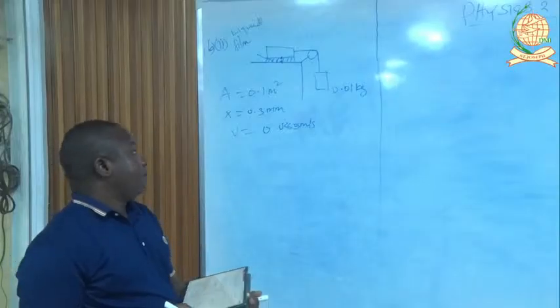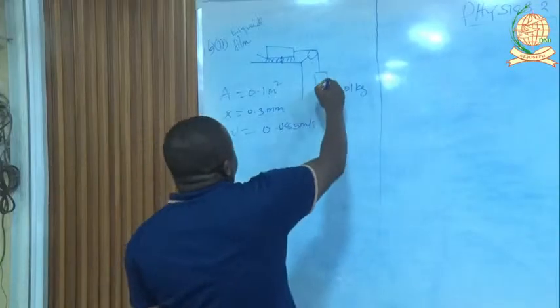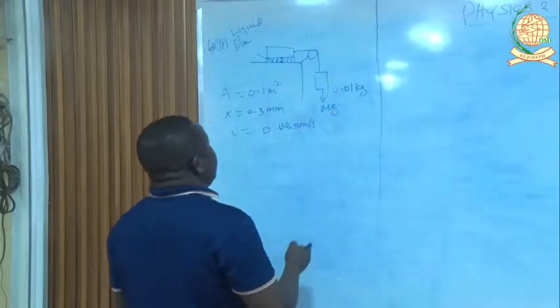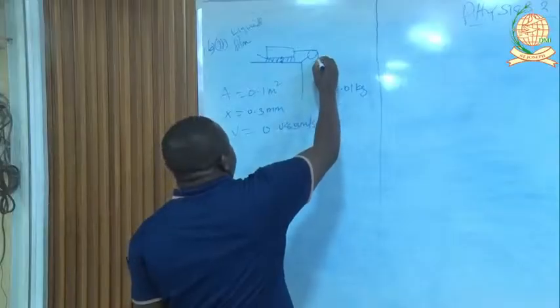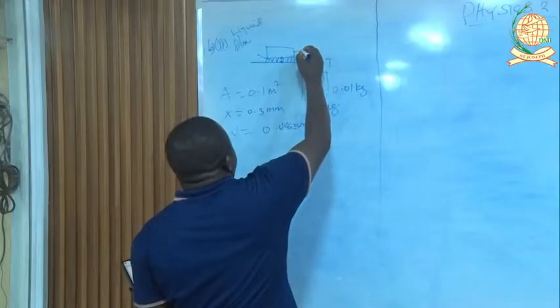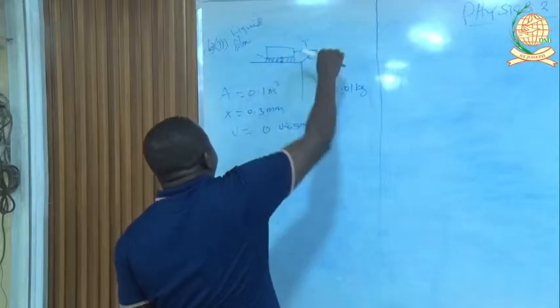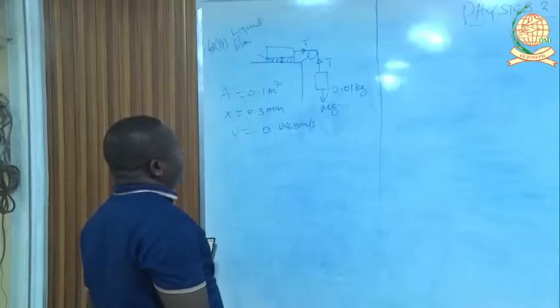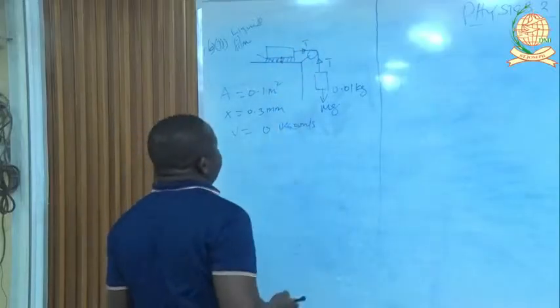So when this mass is released, then the tension T, which is equal to the tension T there, will be pulling this metal plate. And this results in a tangential force.